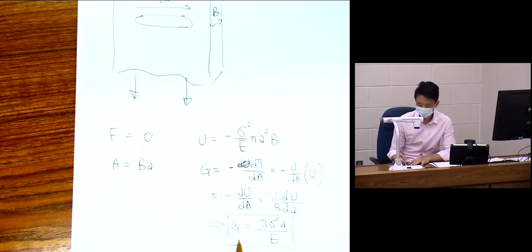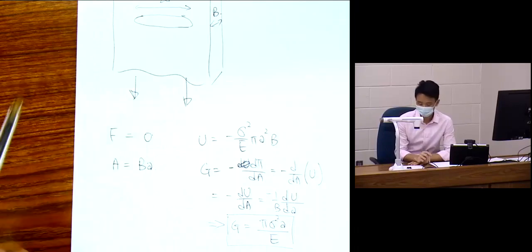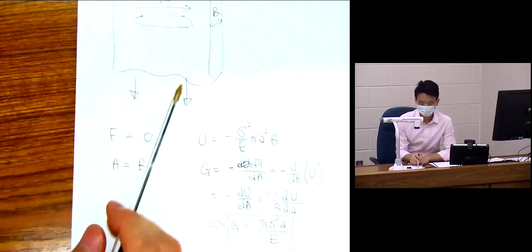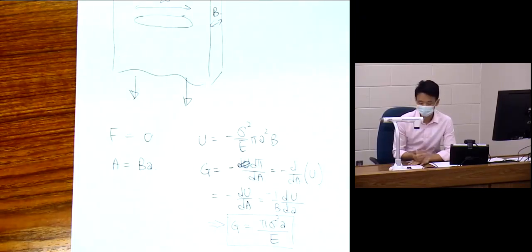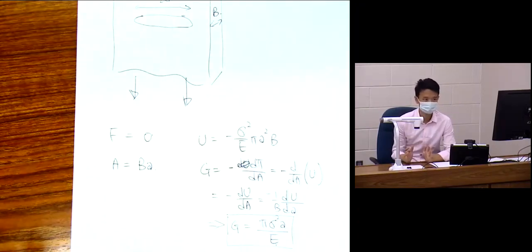Well, this is the energy available. If I apply some stress onto a plate with a crack of 2a, the energy available to advance the crack is exactly this much, right? So it only depends on the elastic property and the crack length of the solid.